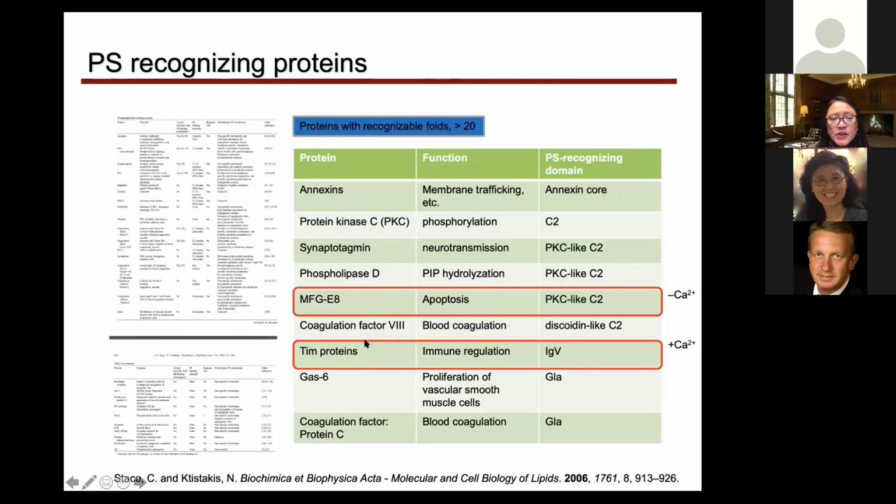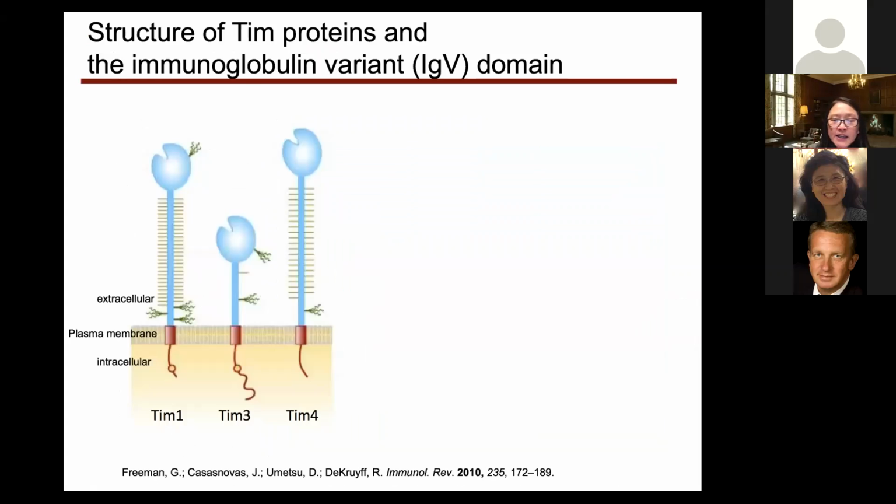And that falls into two proteins that we are looking at. One is the TIM family of proteins, and the other one is the milk fat globulin protein. And they have various differences associated with them. But we're interested in the commonality of them interacting with a negatively charged head group that is PS in the case of our system, but it turns out to be a little bit more complicated than that.